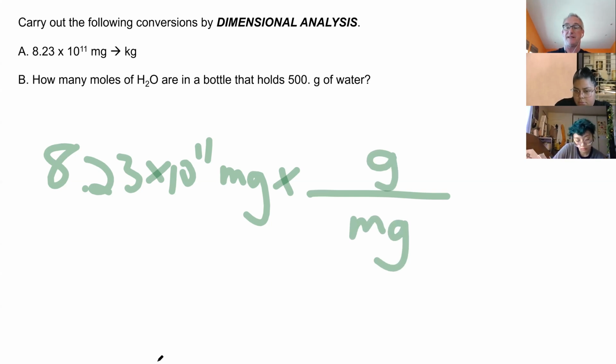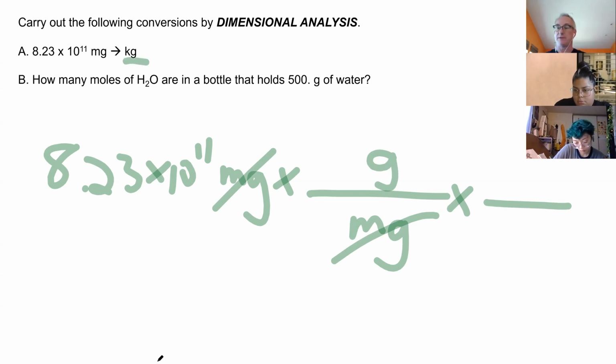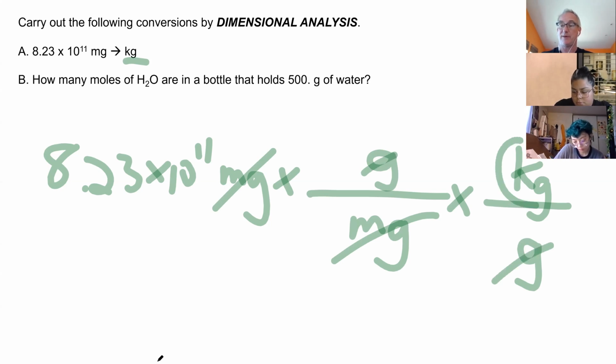That way, if I have the same unit on the top and the bottom, I can cancel them out, okay? And the unit I want to be left with is kilograms. So I'm going to put kilograms on the top and grams on the bottom, because I want to cancel out grams and I want to be left with kilograms.